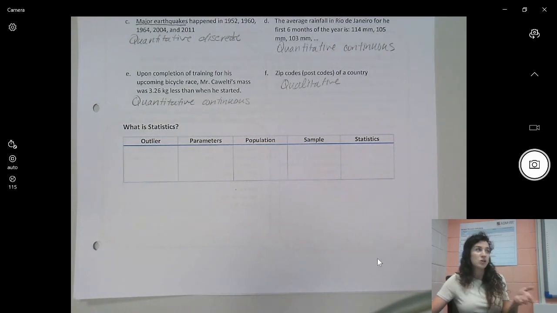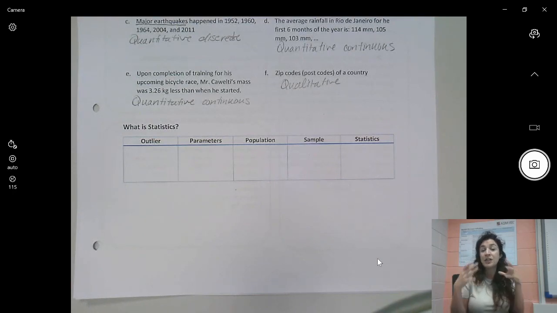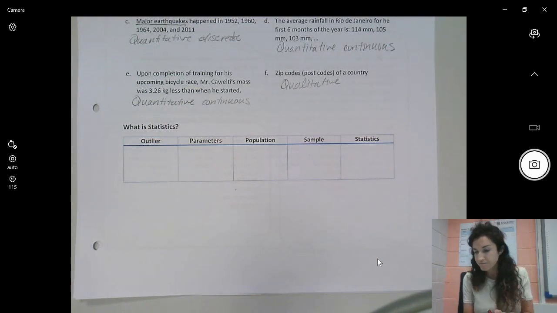It's not telling us that we are 20,090 kilometers away from something. It's not telling us anything. It's just a category that has a number associated with it. So since you are all put into this category of a certain area, it is a qualitative piece of data.